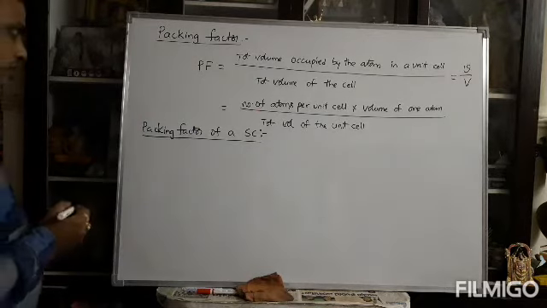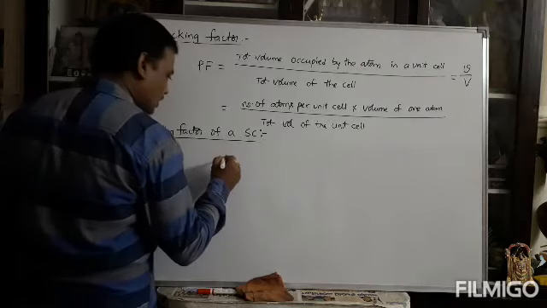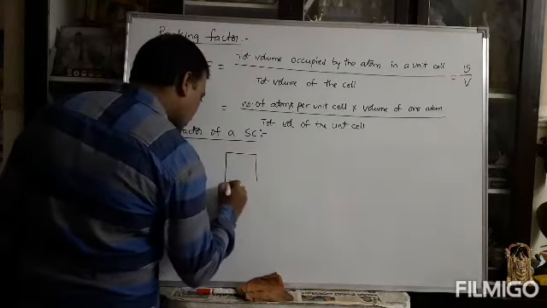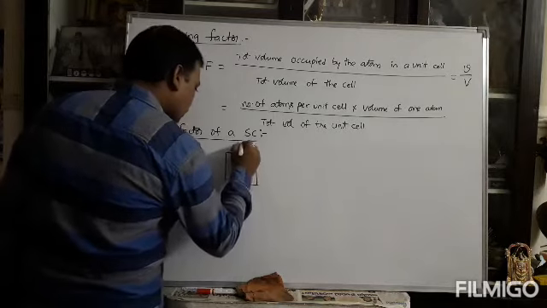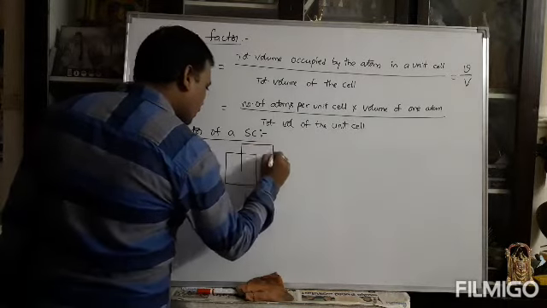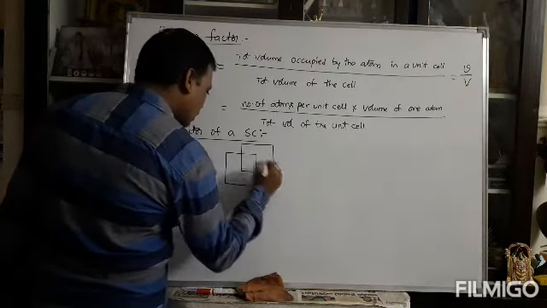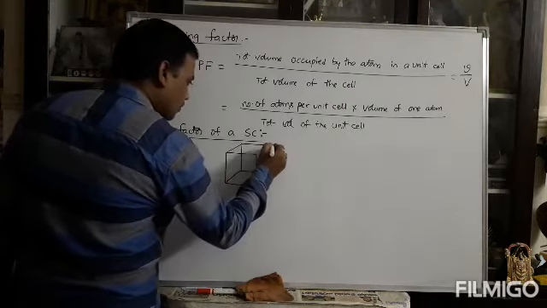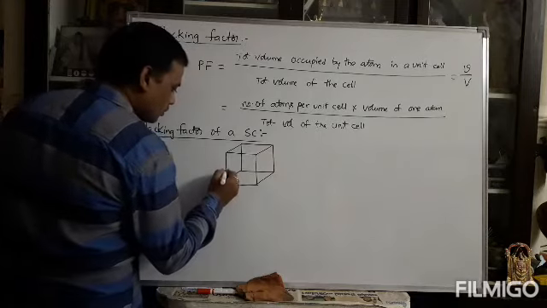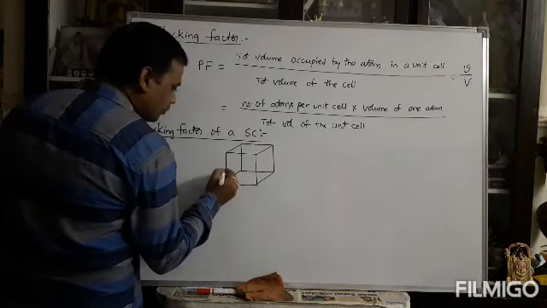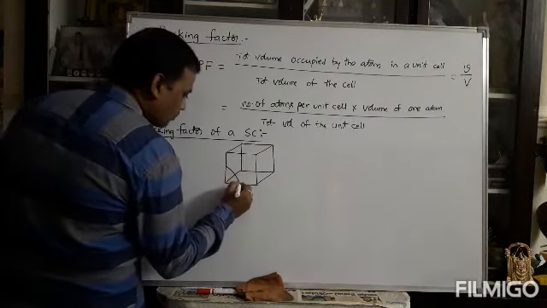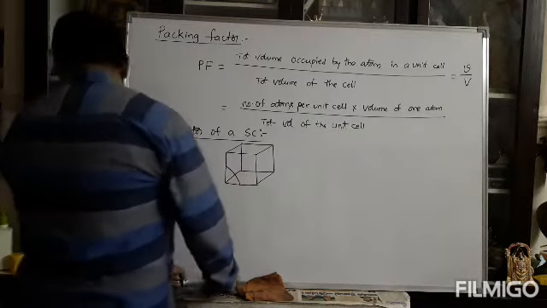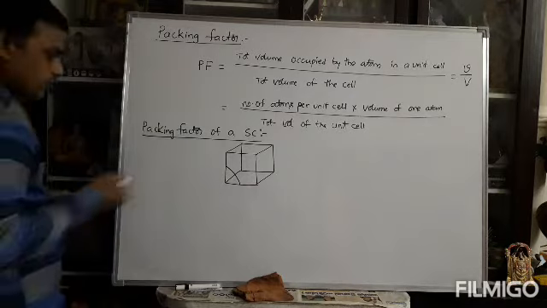Everyone knows the simple cubic structure. This is the unit cell. Every corner of the unit cell is occupied by one lattice point.